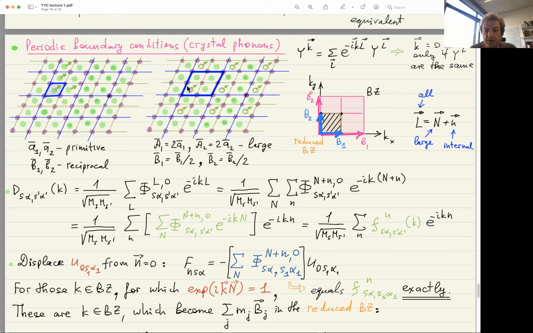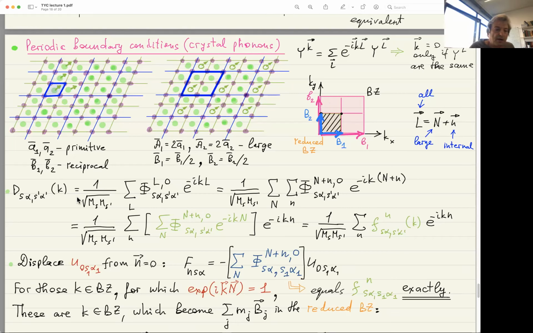So, for example, a translation from here to here, from here to here, from here to here. These are all internal translations. Okay, and as I said before, the Brillouin zone associated with this lattice is this big one, and the Brillouin zone associated with this lattice is that small one.